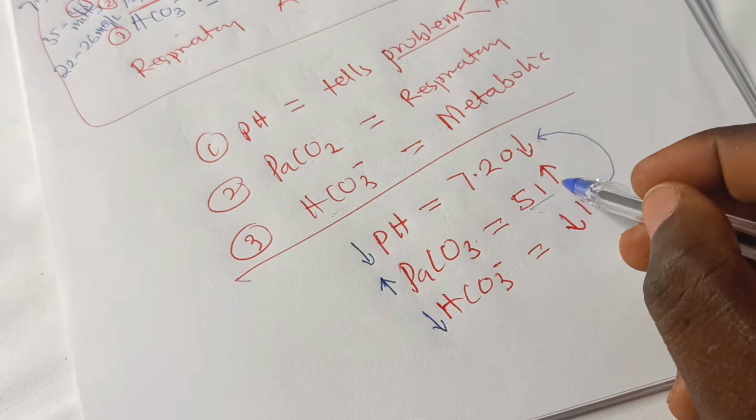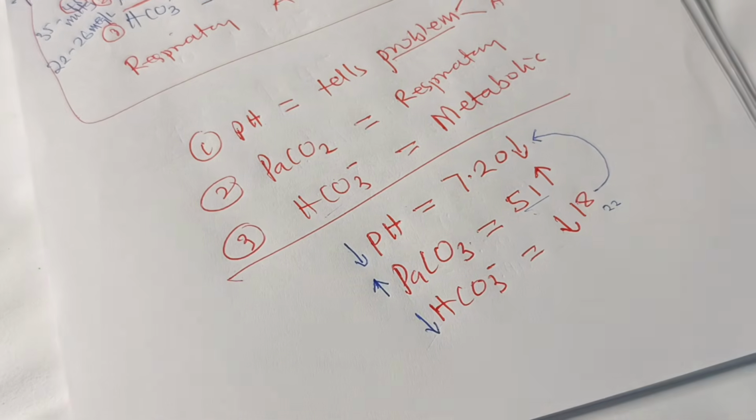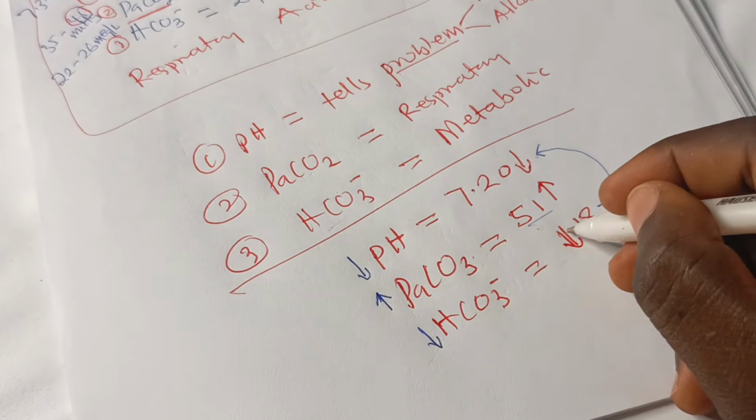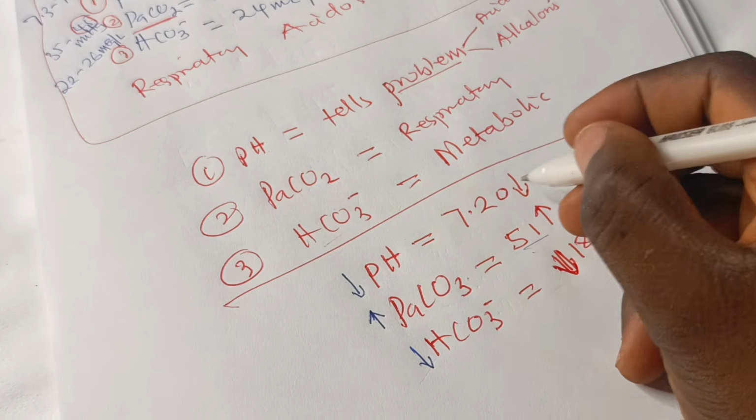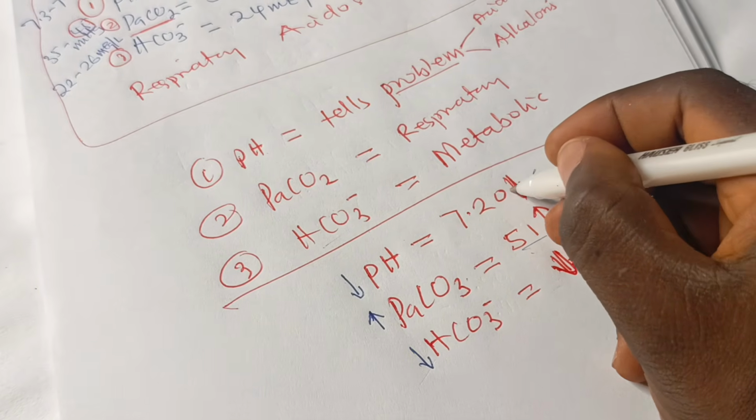So the pH and the bicarbonate move in the same direction to agree, but the pH and the carbon dioxide move in opposite directions to agree. For the bicarbonate, it has to be lower to agree with the pH, which is also lower.